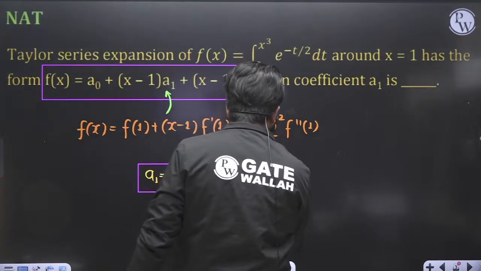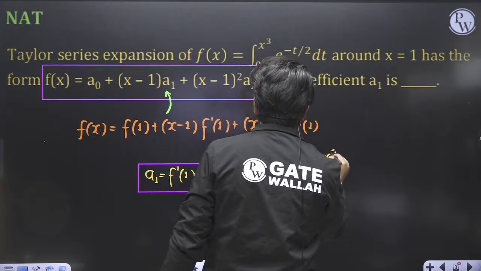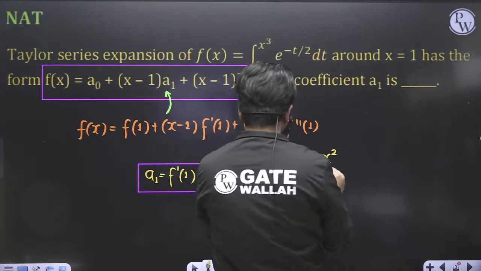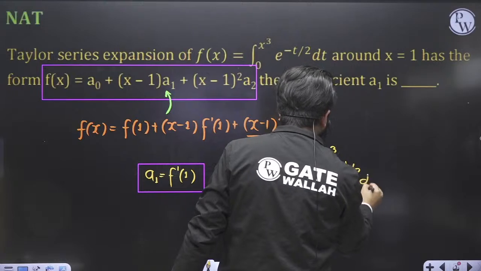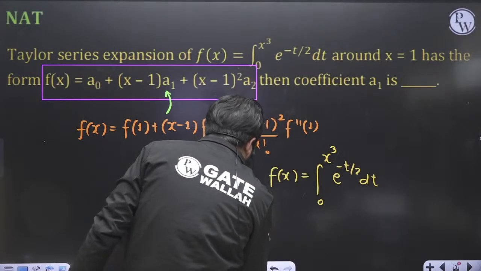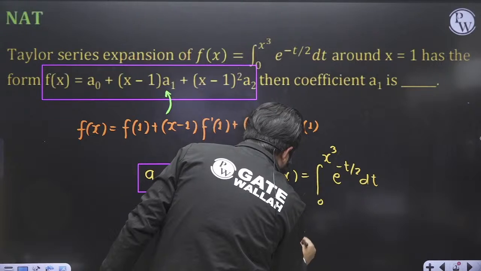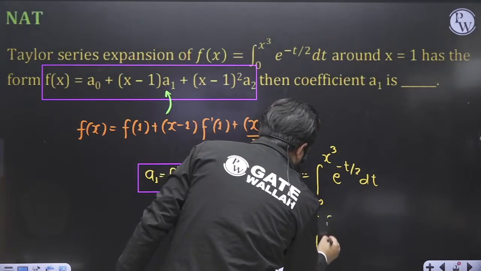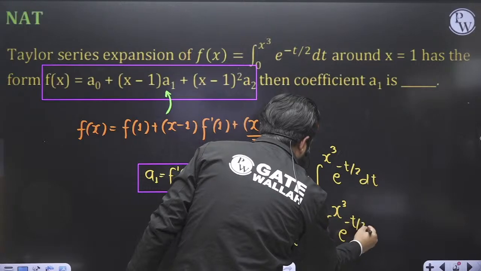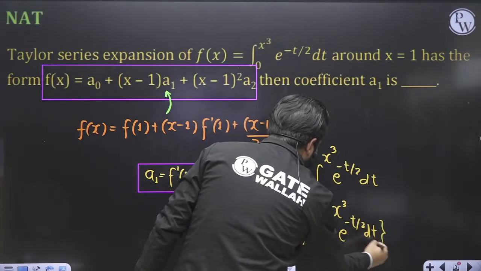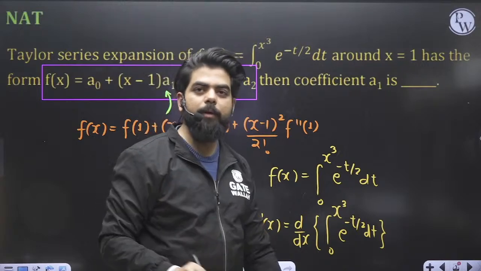f(x) is given as the integral from 0 to x cube, not x square, x cube, of e to the power minus t by 2 dt. If I want to differentiate this, it becomes d by dx of the integral from 0 to x cube of e to the power minus t by 2 dt. How can you solve this expression? I have told you.